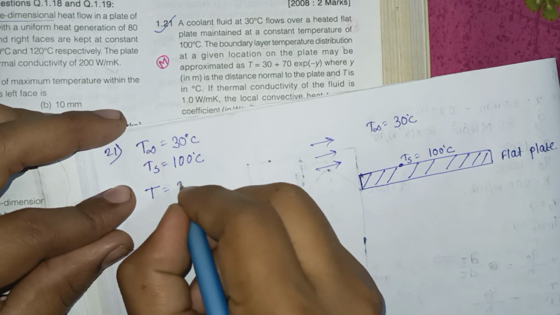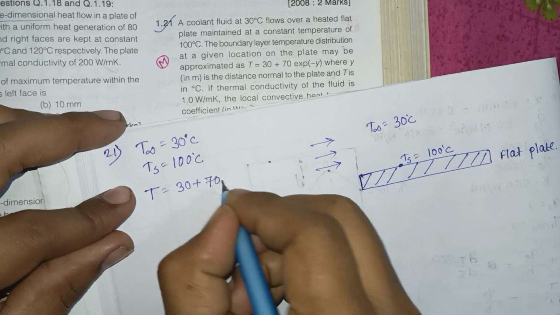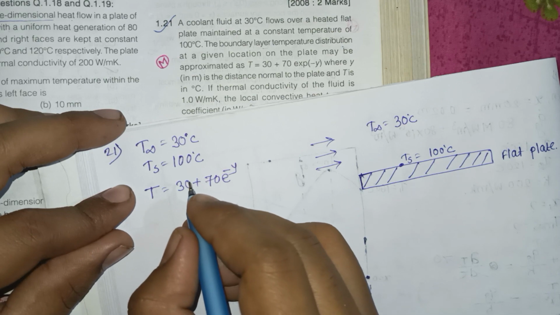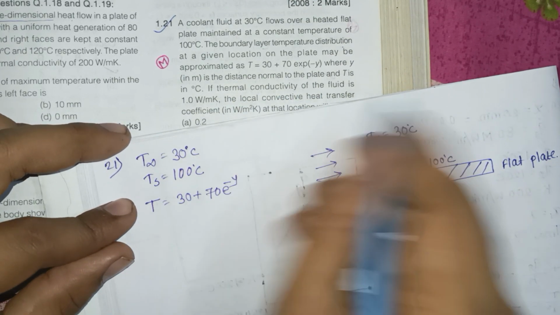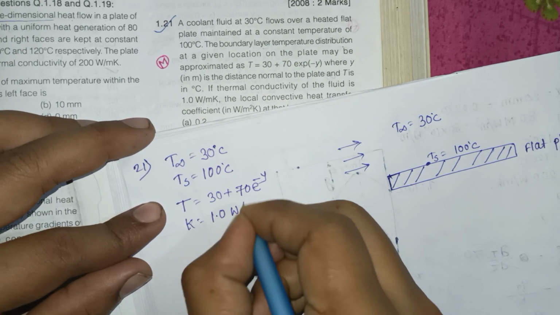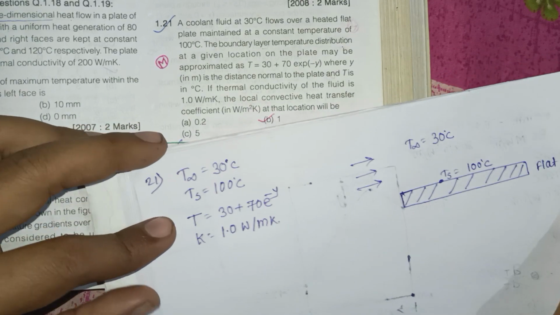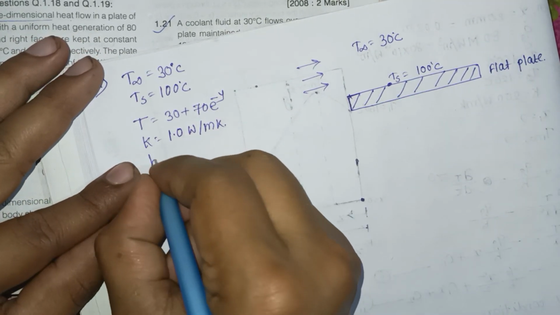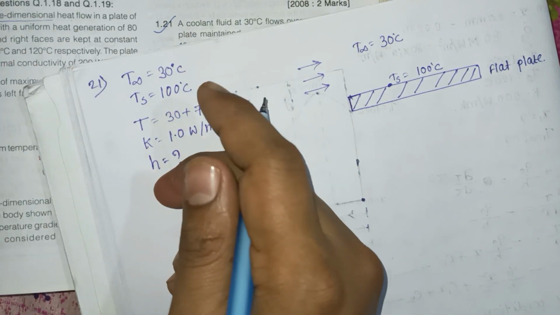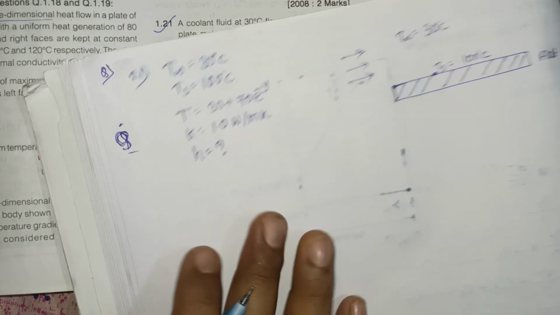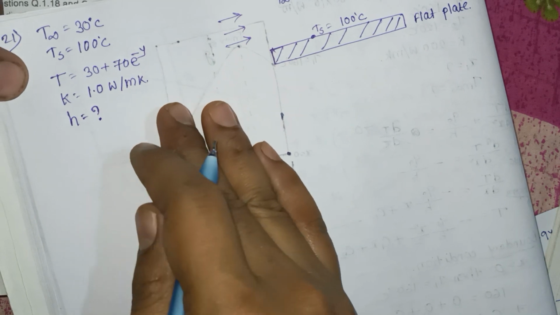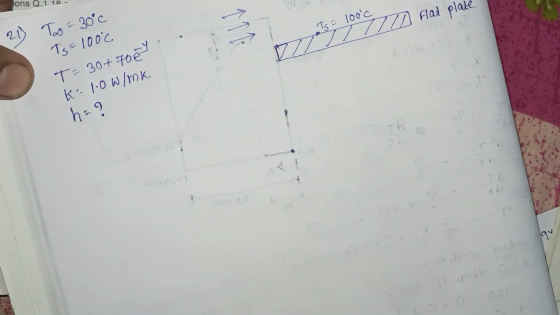So T that is equal to 30 plus 70 e to the power minus y, where y is in, okay, no problem. So thermal conductivity K is given, that is 1.0 watt per meter Kelvin. So you have to find out the heat transfer coefficient, the value of H. Okay, how do you calculate the value of H?